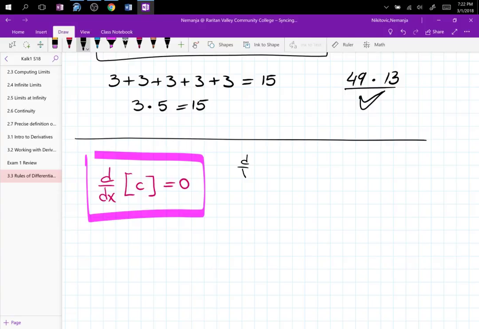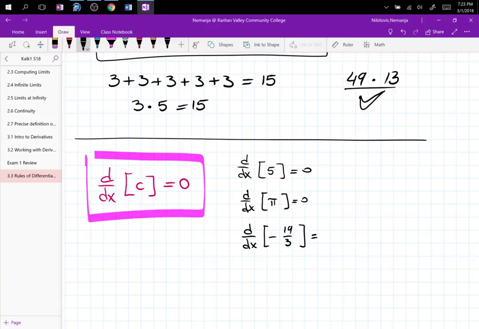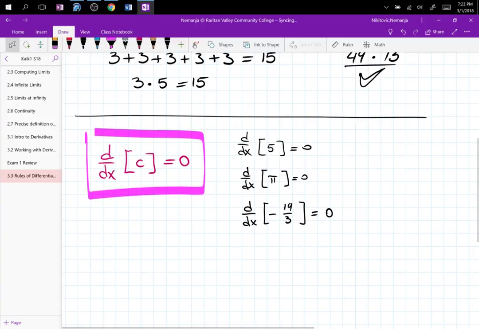Which means that the derivative of the number 5 is 0. The derivative of pi is 0. The derivative of technically any number you can come up with, let's do negative 19/3, is also 0. So the derivative of a constant is 0 because there is no change within a constant.